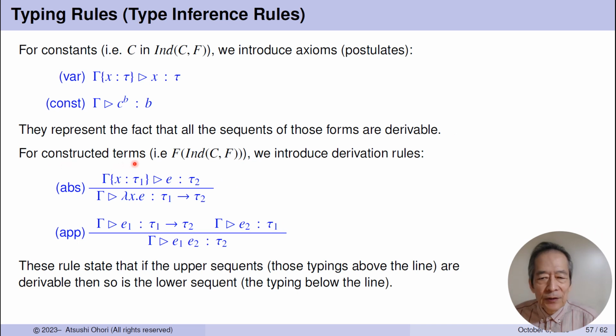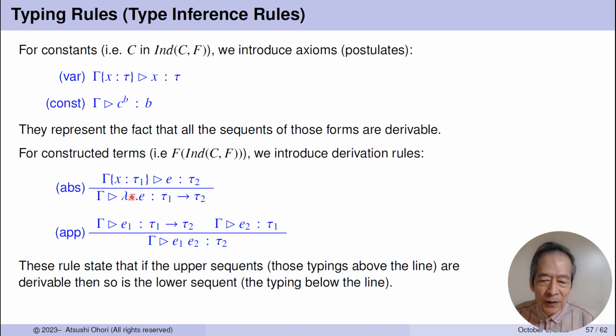For constructed terms, that are members of this set, that is, those terms constructed by some constructor function, for each constructor function we introduce a derivation rule. In the case of untyped lambda terms, we have two constructors: one is lambda abstraction, the other is application.